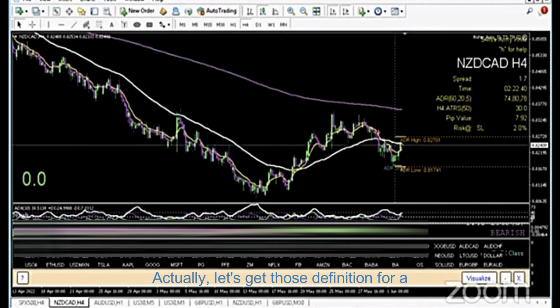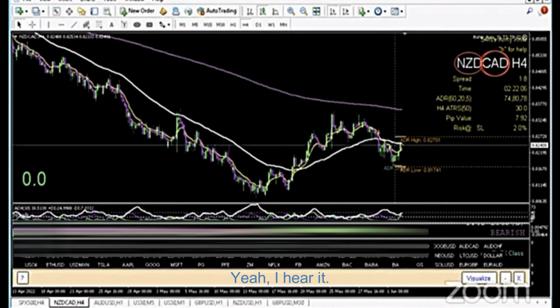Let's get those definitions right, because the base currency is the first one and the quote currency is the second one. And what you're saying is that the base currency is what you are buying or selling, and then you're buying or selling with the pricing in Canadian dollars in this case. Oh, okay. That's opposite than crypto. Then crypto, the base currency is the second one.